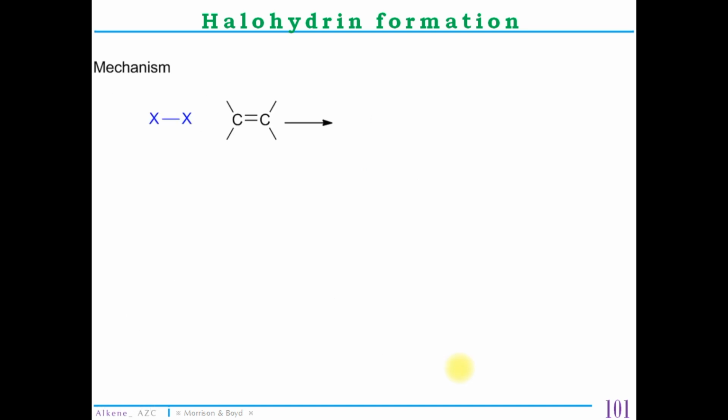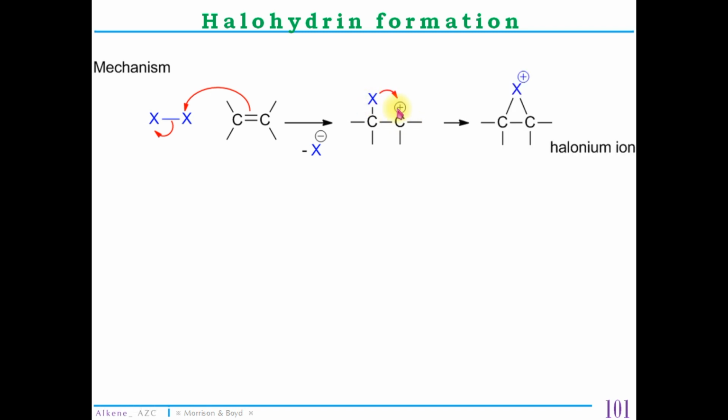Mechanism: in the first step, as in electrophilic addition to alkene, the halogen adds to the sp2 carbon with formation of a carbocation. This positive charge is stabilized by the adjacent halogen, which gives the halonium ion.